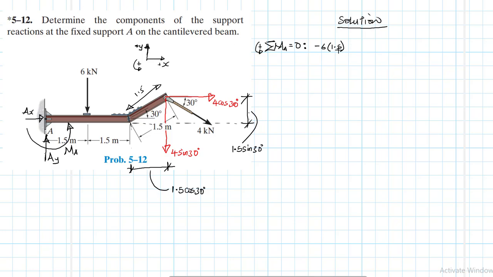So we have minus 6 times 1.5, and then we have these other components that also give us a negative moment.